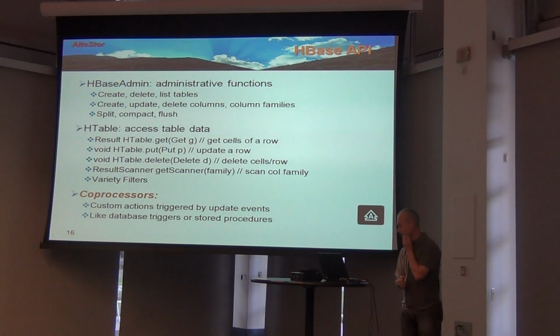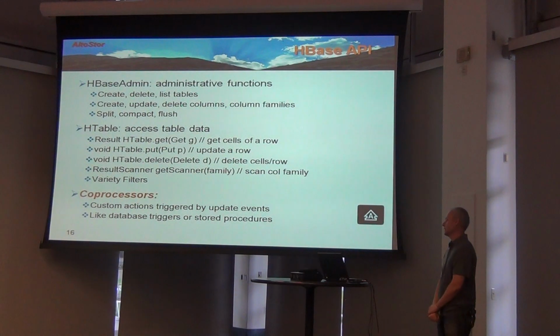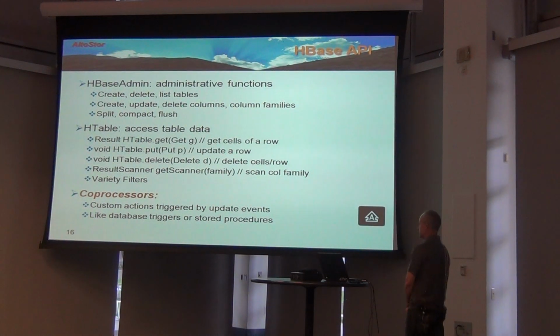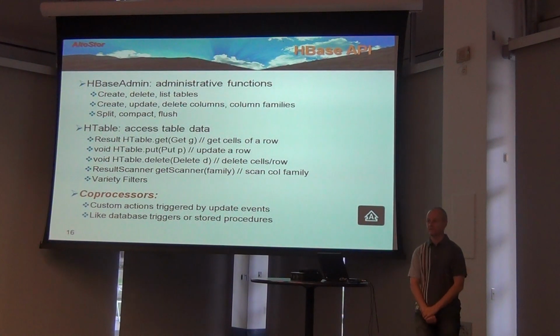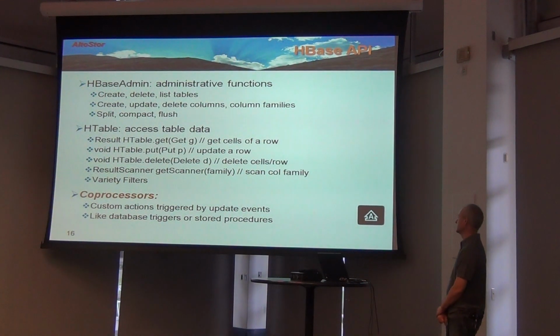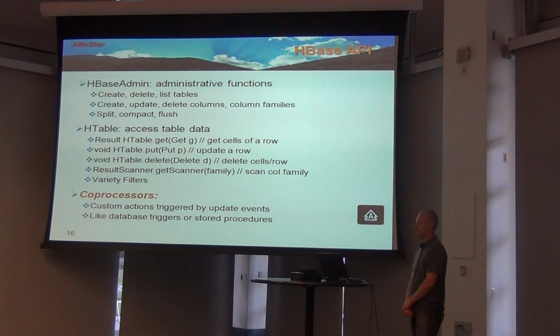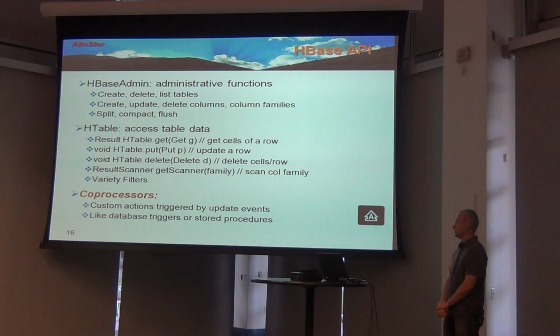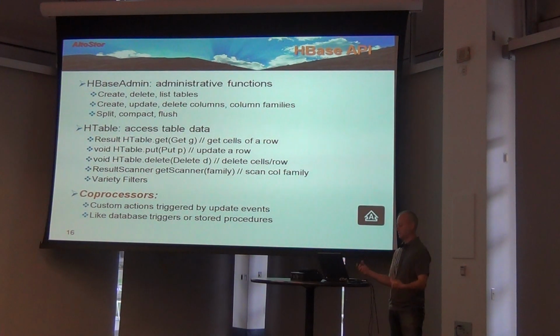The access to data goes through get, put, and delete operations. There is a scanner that provides you a stream of rows, and you can use a variety of filters in HBase to control what is streamed to those scanners.